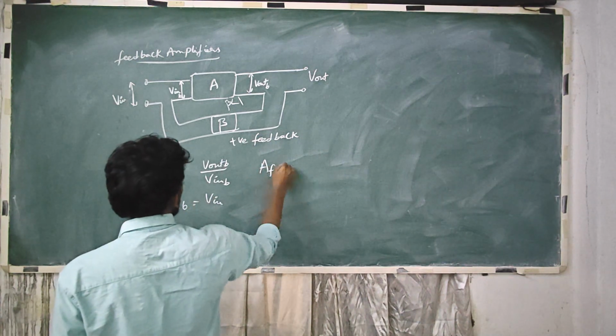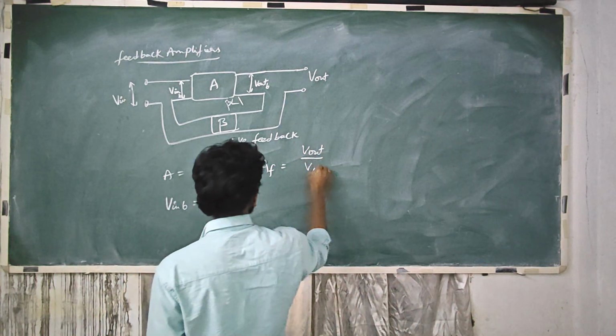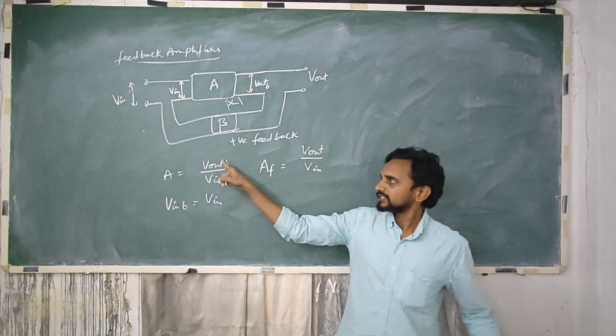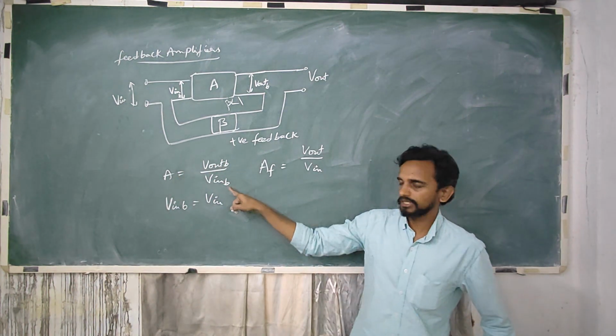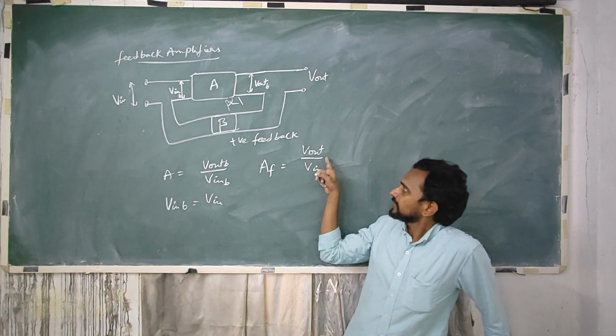and total amplification factor with feedback is V out by V in. The base amplifier amplification is V out B by V in B. Amplification with feedback is V out by V in.